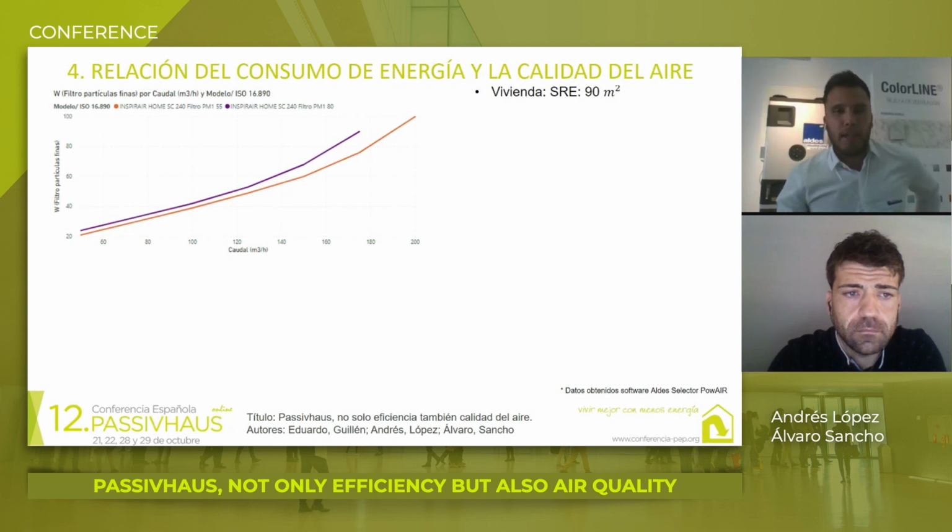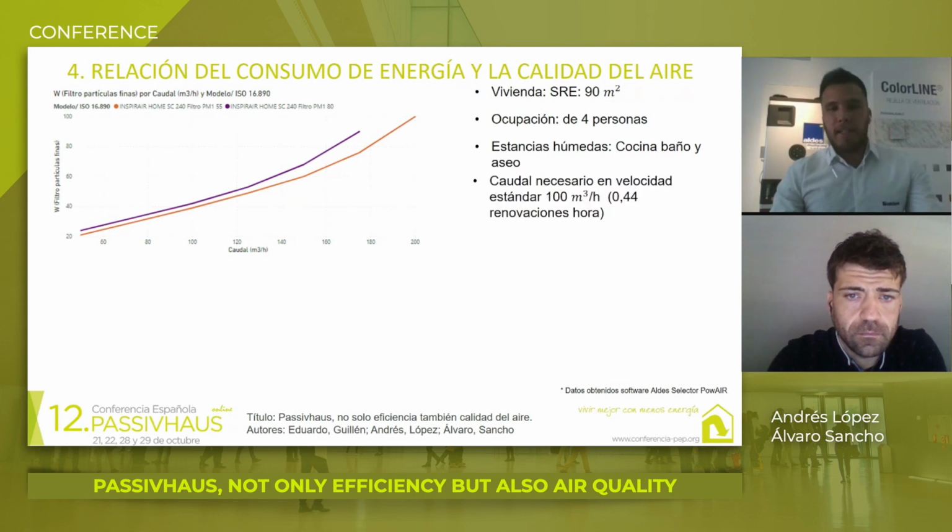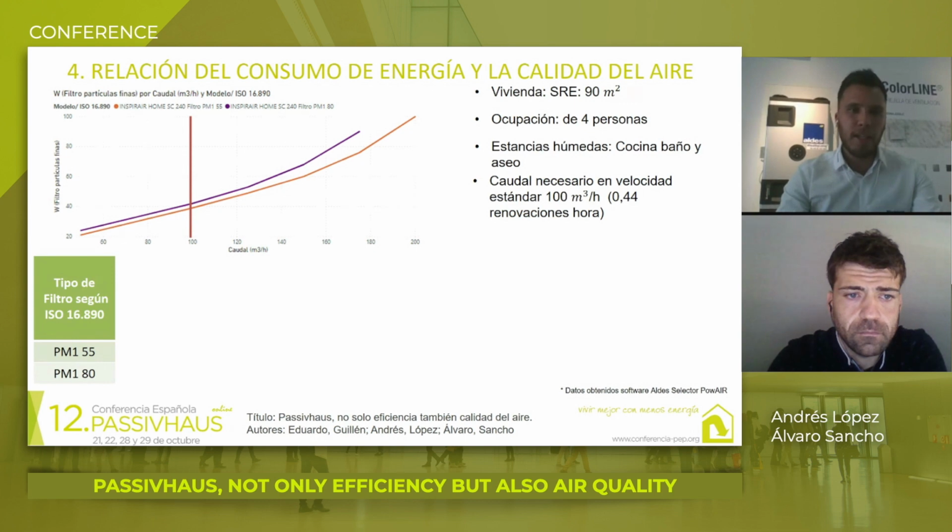But in the case of a 90-meter squared property occupied by 4 people, and there would be areas with humidity in the kitchen, bathroom and toilet, and with 0.44 renewals per hour, the result is very interesting in this scenario, because there's an increase in air quality, which was the aim of this study, but it was low.